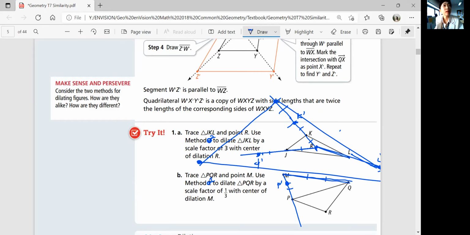Divided by 3, and that's Q prime. And then M to R divided by 3. That's R prime. And that's going to be your new triangle. That's 1/3 the original triangle PQR. Okay, so use the appropriate methods when you can.